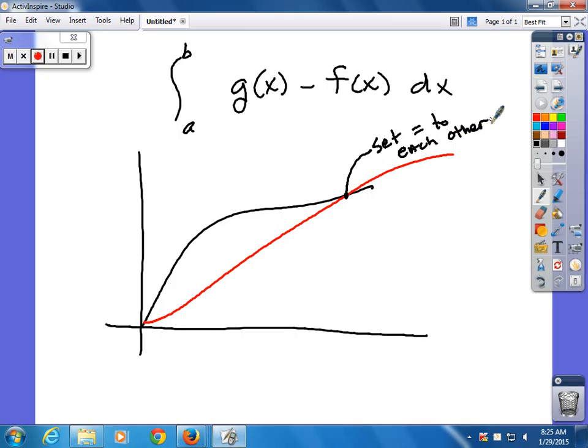And once you get that point, you have your a to b, because most of your curves in this section will be starting from what? 0. They're a little bit nice to you.